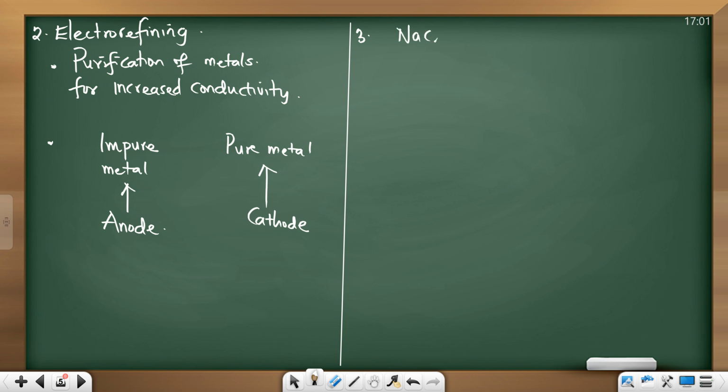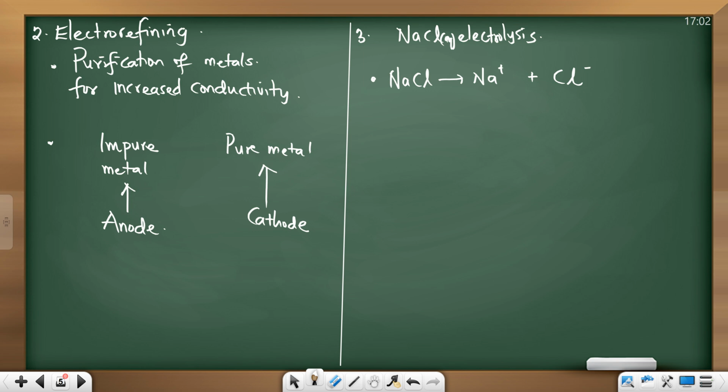Number 3. Sodium chloride electrolysis. They love this one. This one is a delight. Sodium chloride solution. Let's just break it down quickly. Number one, what happens? We're going to have NaCl breaking down into Na+ and Cl-.